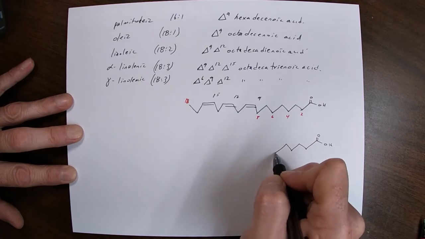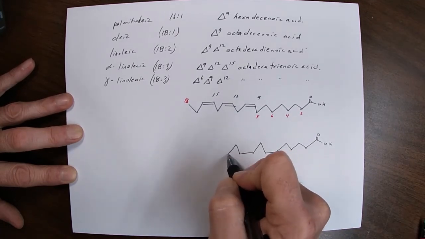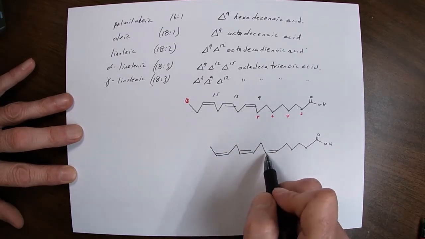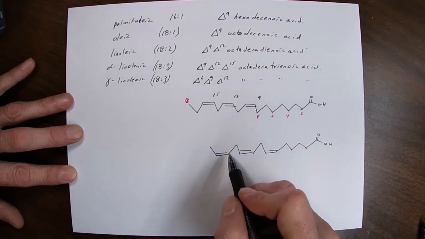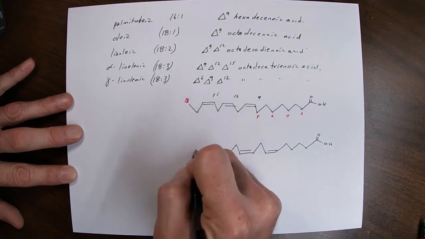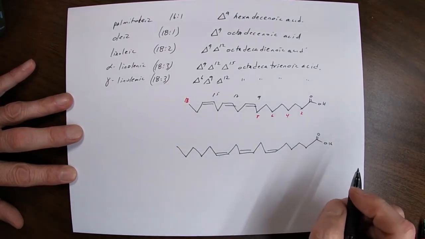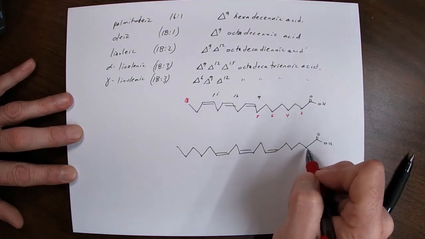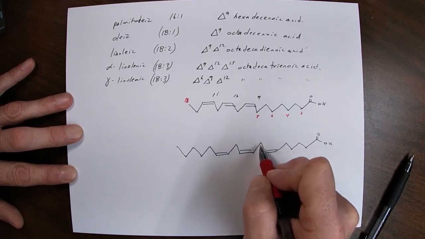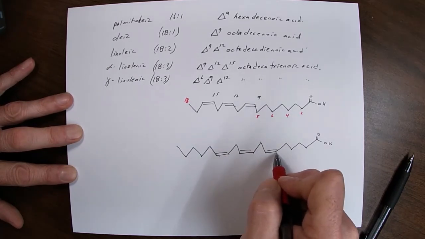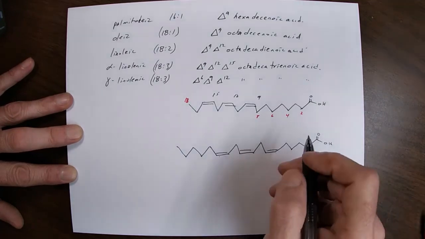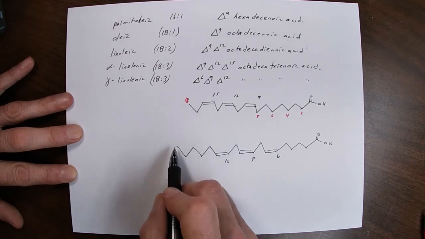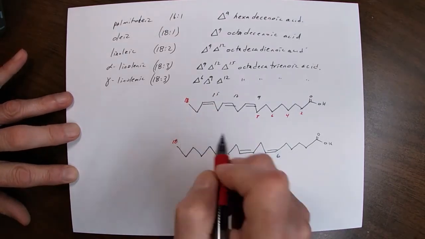So 2, 4, 6, here's your double bond. So 6, 7, 8, 9, 10, 11, 12, 13, 14, 15, 16, 17, 18. Okay? So here, count your carbons. 2, 4, 6, 7, 8, 9, 10, 11, 12. So 6, 9, and 12. 13, 14, 15, 16, 17, 18. 18 carbons. Okay.